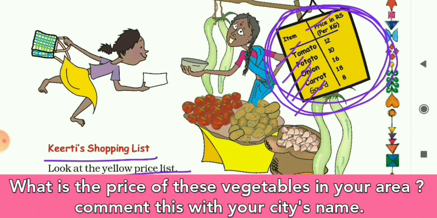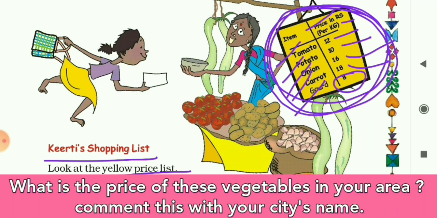And on the right side we have price in rupees per kilogram. The cost of 1 kilogram of tomato is 12 rupees. The cost of 1 kilogram of potato is 10 rupees. 1 kilogram of onion costs 16 rupees. Similarly, 1 kilogram of carrots costs 18 and gourd is 8 rupees per kilogram.